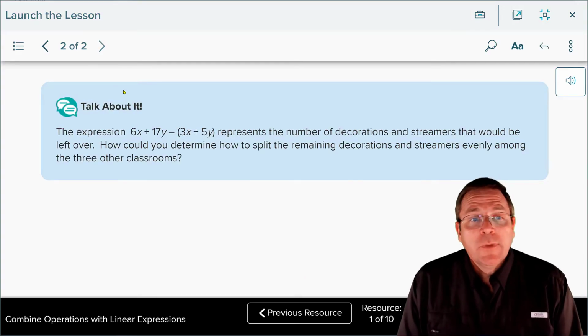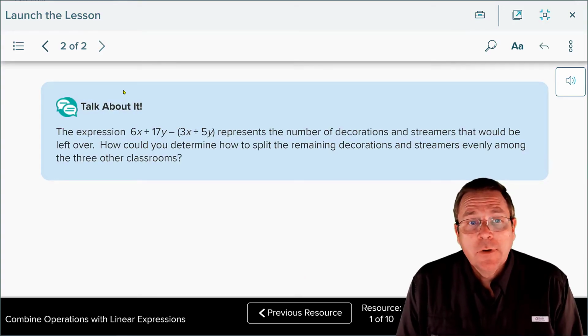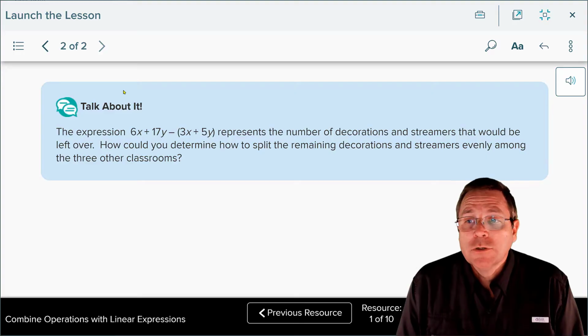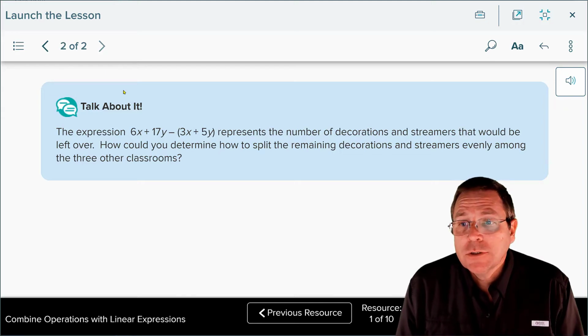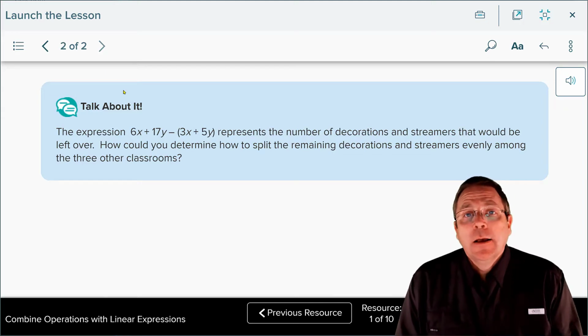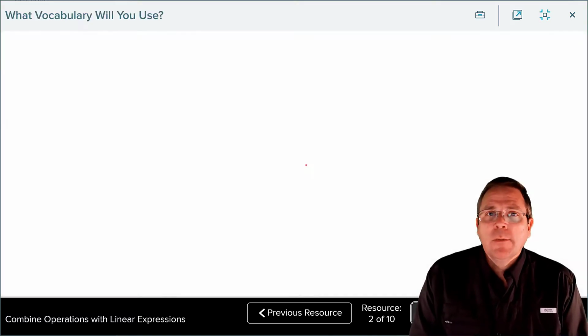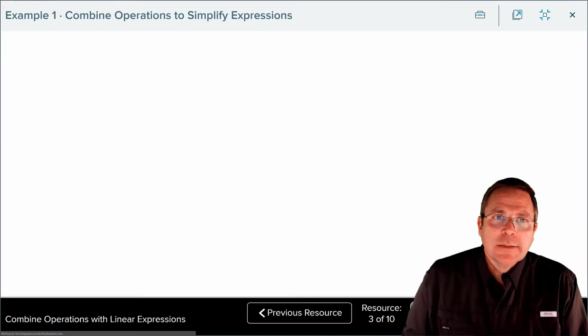The expression 6x plus 17y minus the sum of 3x and 5y represents the number of decorations and streamers that would be left over. How can you determine how to split the remaining decorations and streamers evenly among the 3 other classes? That's the kind of thing we're going to be learning about in this lesson.